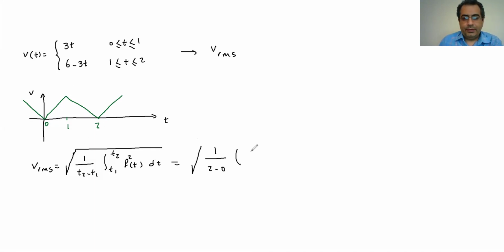So it's going to be 0 to 1, and the f(t) is going to be (3t) to the power of 2 dt, and then plus from 1 to 2, this equation, which is going to be (6 minus 3t) squared dt.